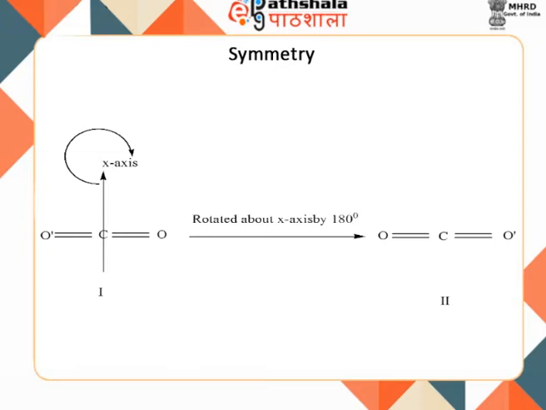In other words, an observer who closes his eyes during the operation will not perceive any change in the geometry and physics of the molecule. For example, when CO2 molecule is rotated about x-axis by an angle of 180 degrees, the new orientation obtained is indistinguishable from the initial one, as shown in the following figure. Therefore, we can say that the CO2 molecule has symmetry.